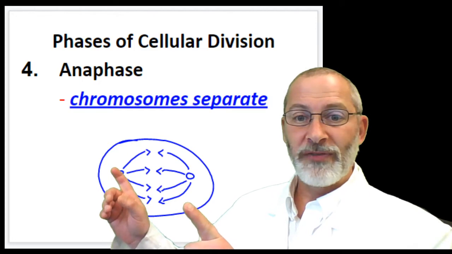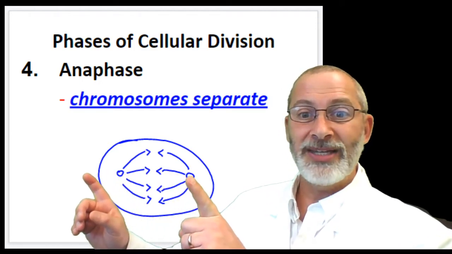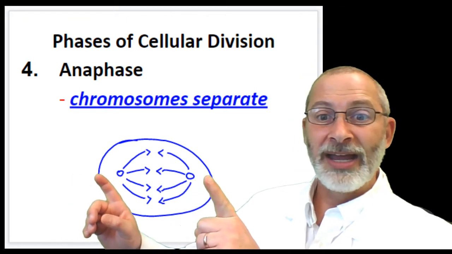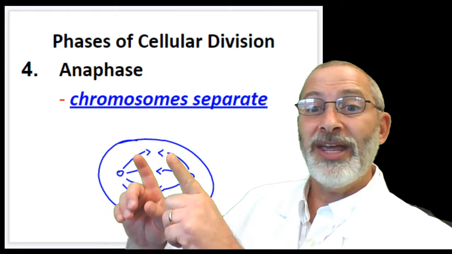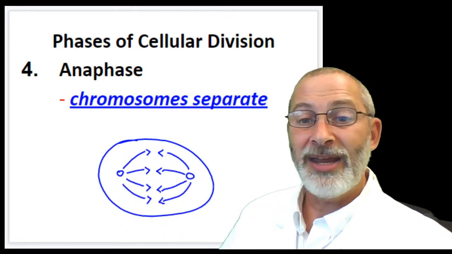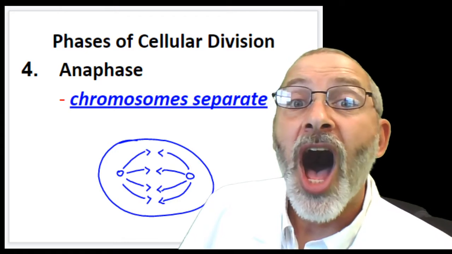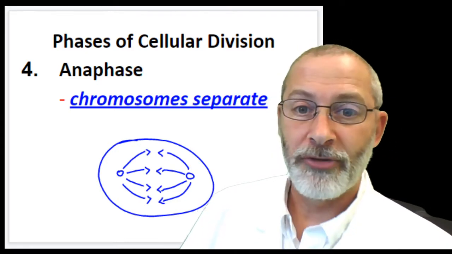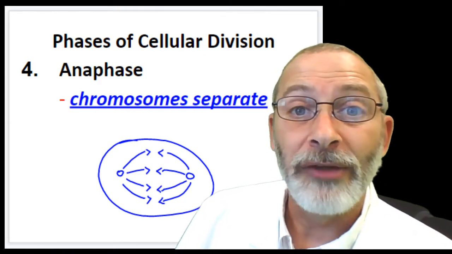Here we notice we've got the two centrioles pulling in opposite directions. And as a result, our chromosomes that were copied and connected have now broken apart from one another and are moving away from one another.